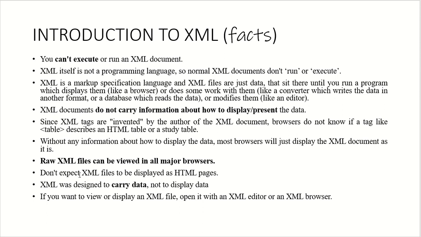Do not expect XML files to be displayed as HTML pages. XML was designed to carry data, not to display data. If you want to view or display an XML file, you can open it with an XML editor or an XML browser.